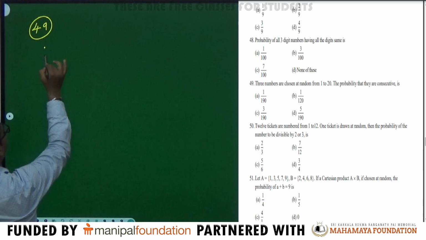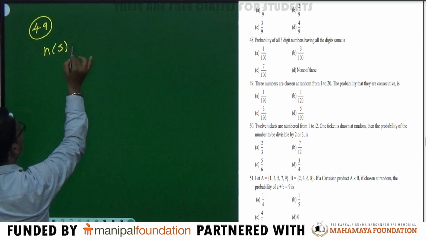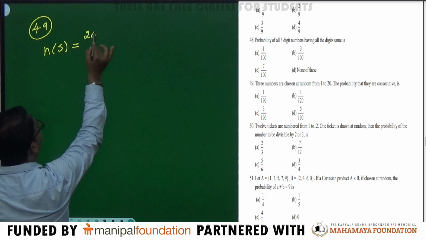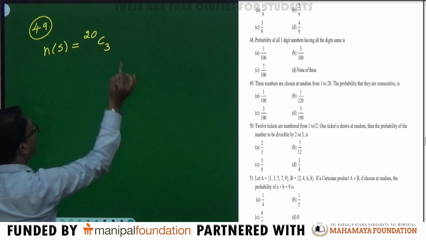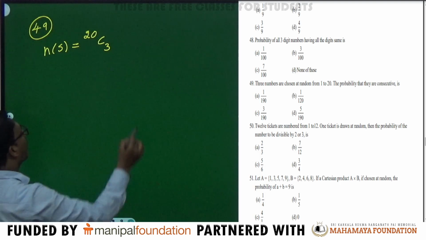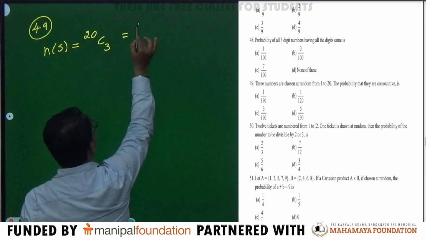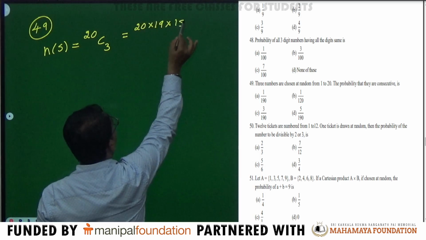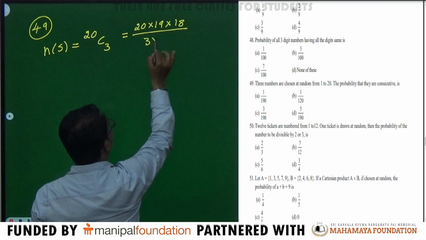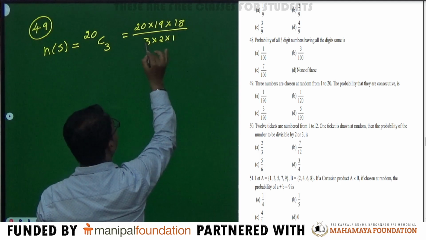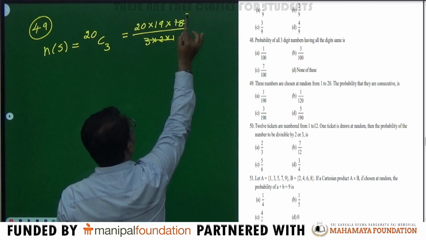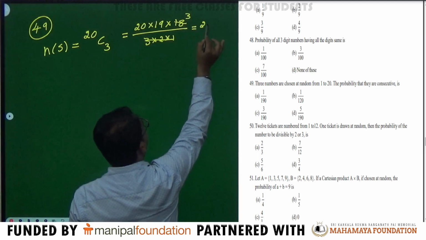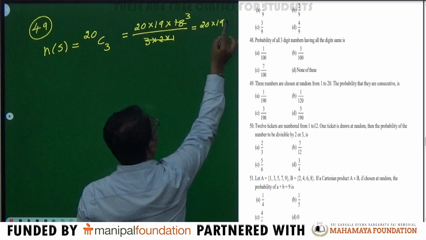Therefore, the number of elements in the sample space: there are 20 digits, and out of 20 we have to select any 3, that is 20C3. The value of 20C3 is equal to 20 into 19 into 18 divided by 3 into 2 into 1, that is 6 3s are 18. It is equal to 20 into 19 into 3.